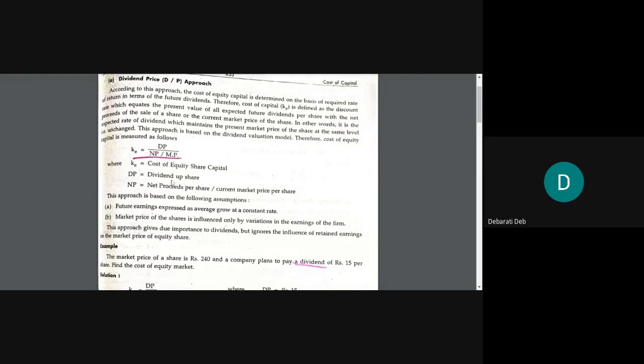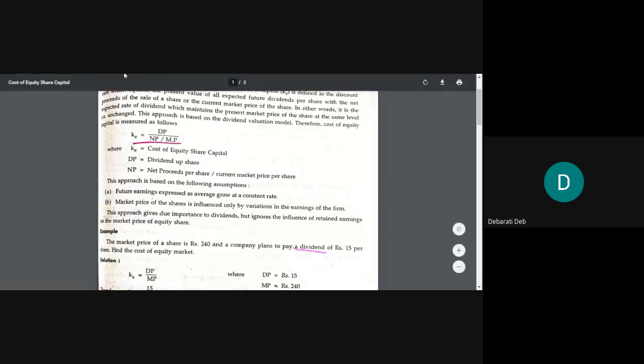Okay. So you write the underlined ones. You can see the part underlined on your screen. First you give the heading cost of equity share capital. After that you write dividend price or DP approach. And then you write the formula.